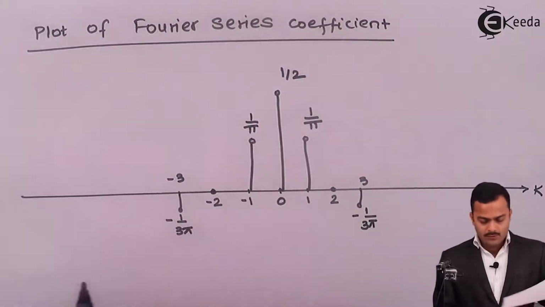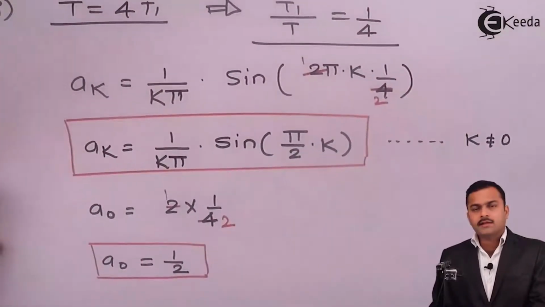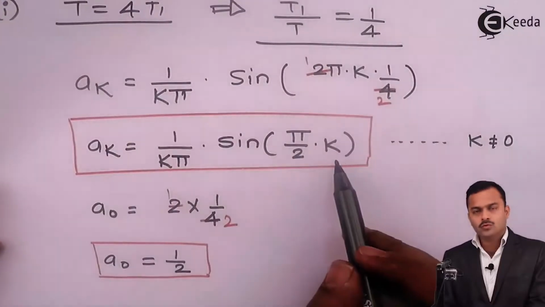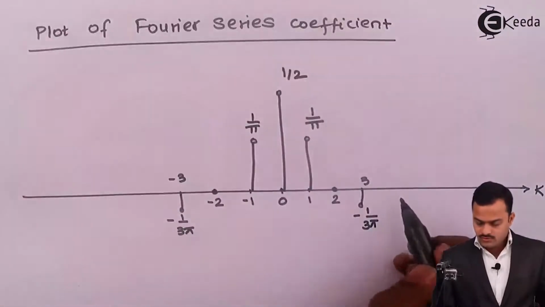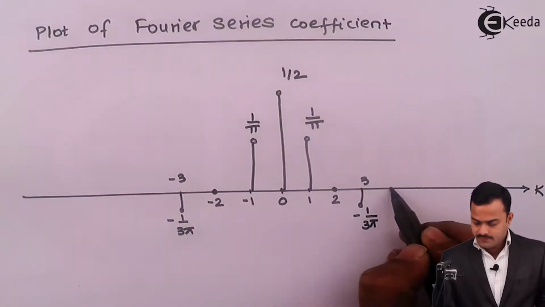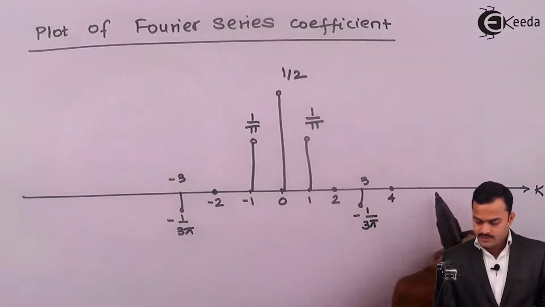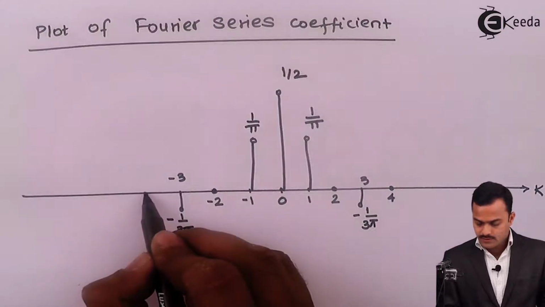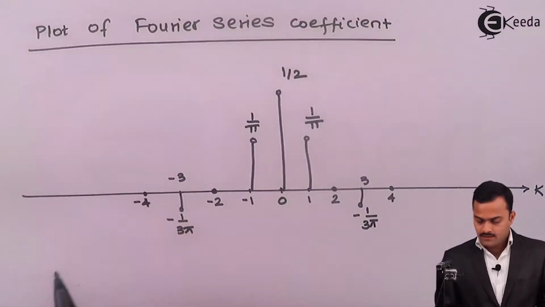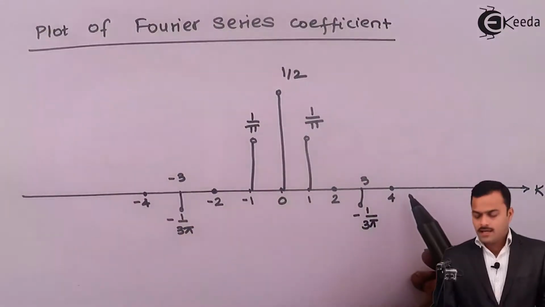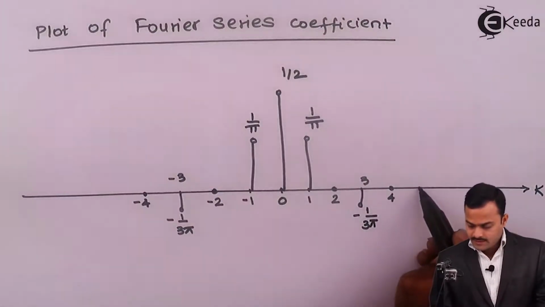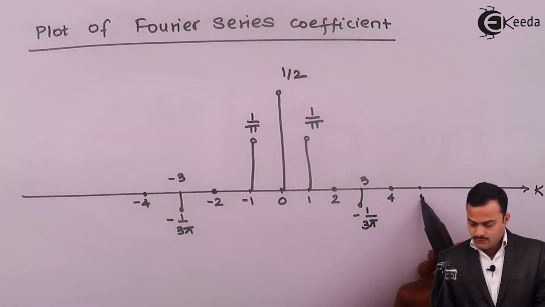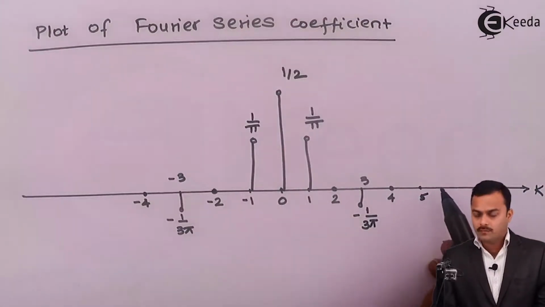If I see properly over here, for even numbers 2, 4, 6, 8, this will become 0. So signals will not be present for k equal to 4, k equal to 6, similarly k equal to minus 4. But if I have k equal to 5, it will be there, and the value will be 1 upon 5 pi.